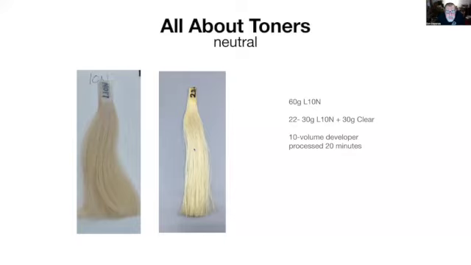Now you see more of the actual lightened hair than any tone in it. That's because there's so little color in a liquid 10 anything that when you dilute it with clear, it becomes almost invisible.